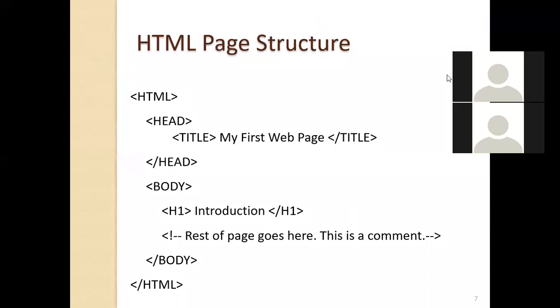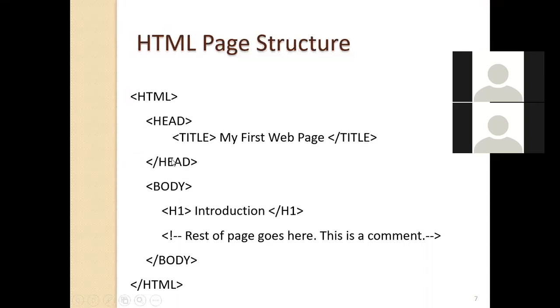Okay, this is the general structure. If you want to start or show your first page, then you need to start with this HTML tag open, HTML tag close. Within this HTML, say I have one tab space for the head. Within this head, you have a title, title open, title close like this.